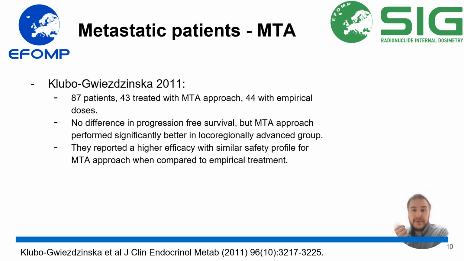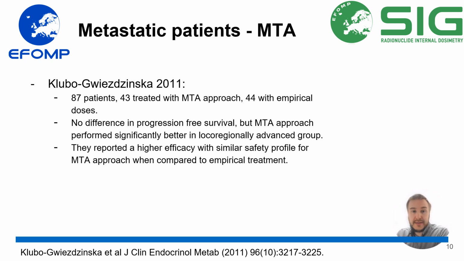Then there's this paper as well from Global et al. Where again, they compared the MTA approach to an empirical approach in 2 different centers. So one center did the MTA approach, one center did the empirical approach, and they looked at the overall difference in complete remission, partial remission, stable disease, and disease progression in the 2 different groups.